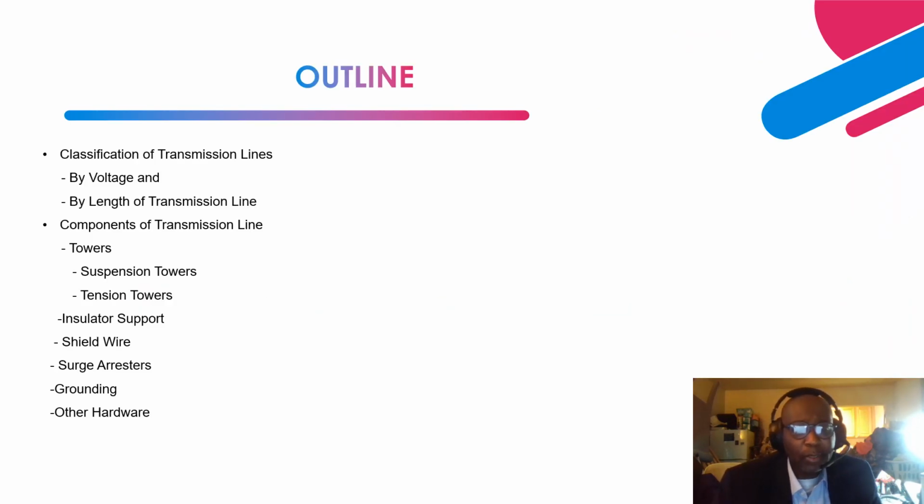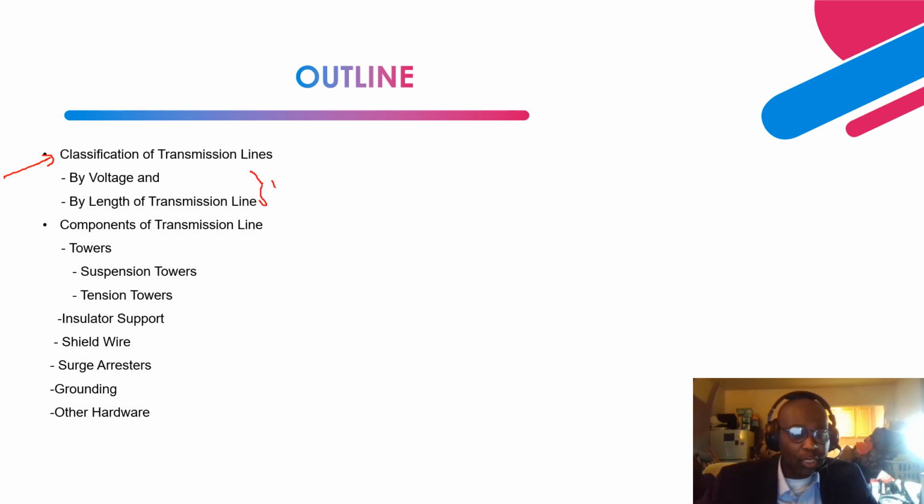Now, the next slide is an outline of my presentation. The first thing we'll talk about is how transmission lines are classified, right? Transmission lines are classified based on voltage and the length of the transmission line. So these two go together, right?